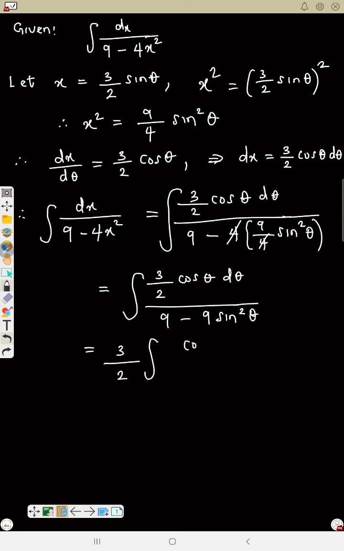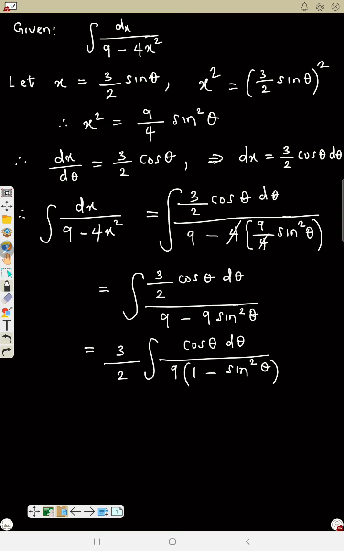It's the integral of cos theta d theta, so you write this at the back of the integral. Then divided by, now what is common here? 9 is common. So I'll have 9 bracket 1 minus sine squared theta. If 9 is common, it's remaining 1 minus sine squared theta, meaning you are dividing everything by 9.